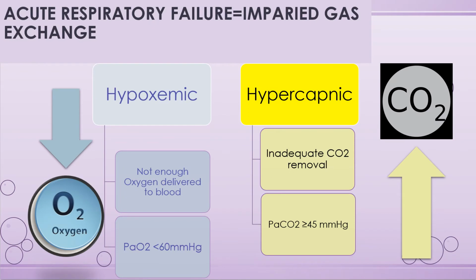All right, so acute respiratory failure equals impaired gas exchange. And there's two big kinds. There's hypoxemic, which is a decreased oxygen saturation, or PaO2. This is something the students get confused about. So we have PaO2 and SaO2 and pulse ox.